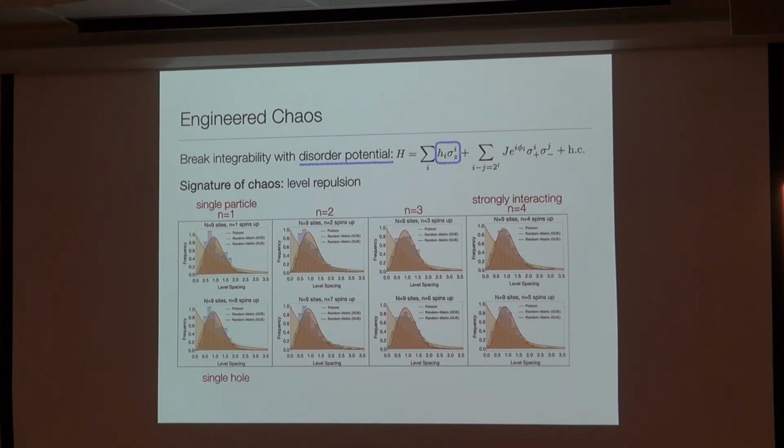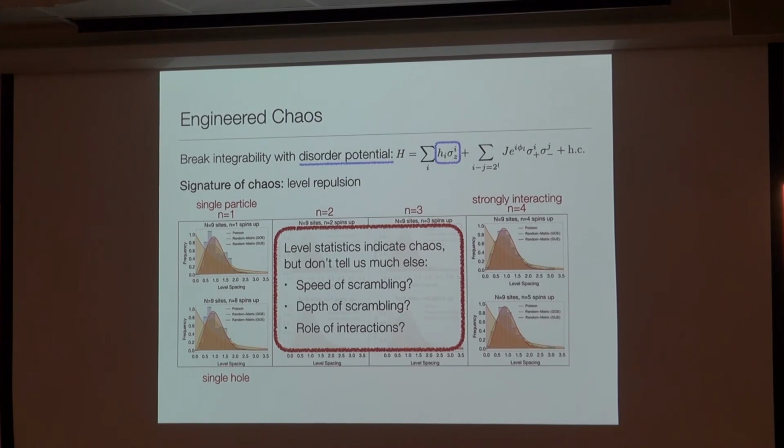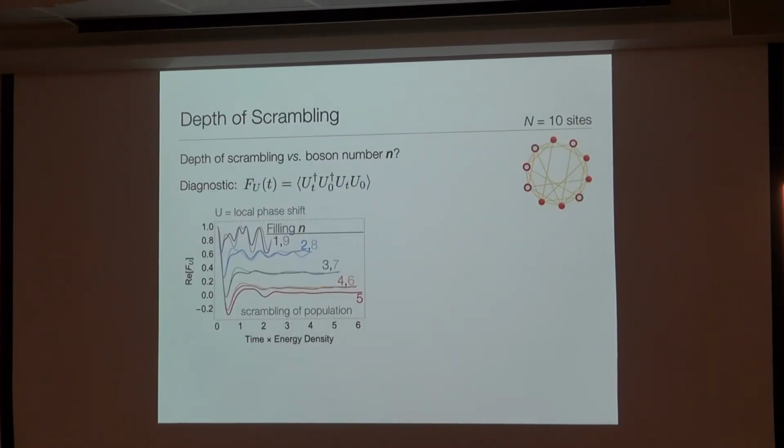And then you can ask, how chaotic is the system in different regimes? Looking at histograms of the energy level spacings doesn't tell you much about this. So the question is, are out-of-time order correlation functions maybe a way of seeing more about how fast the model scrambles? How deeply it scrambles? Is it equally chaotic whether I have a single particle or many? And do interactions play a role?